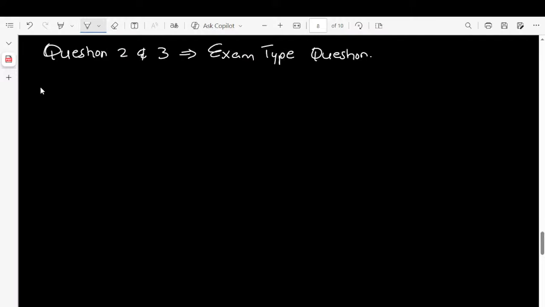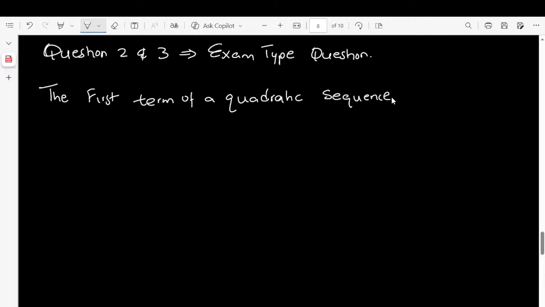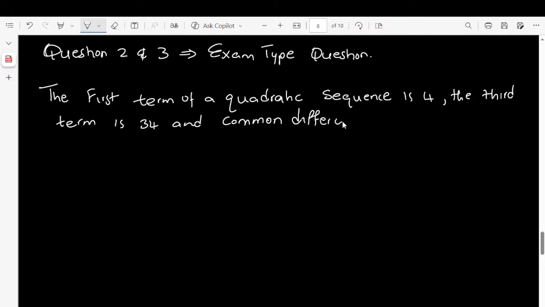Right, on this one, most of the time, let's say the first term of a quadratic sequence is 4, and then the third term is 34, and we are given the common second difference.